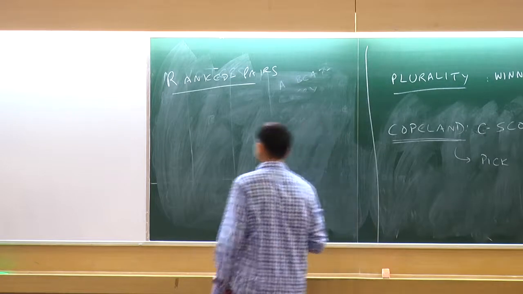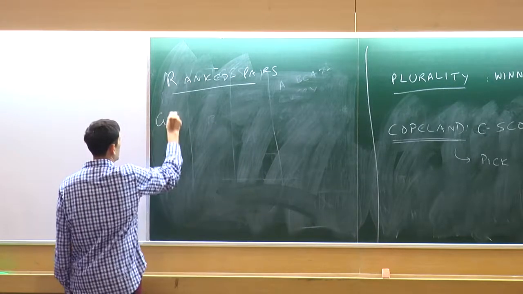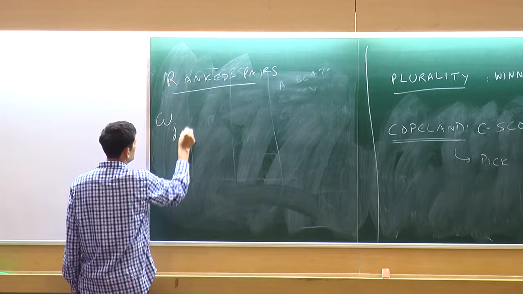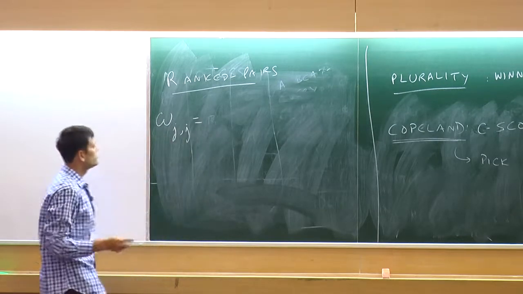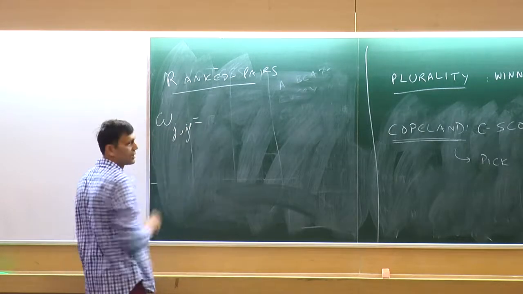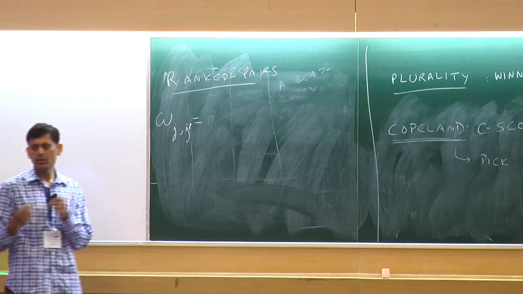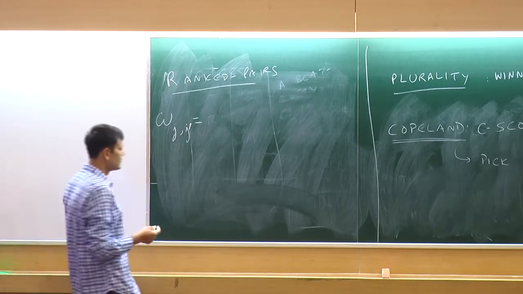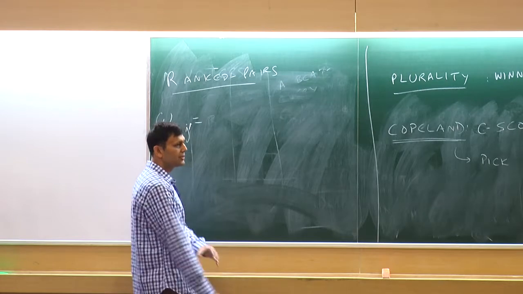And in rank pairs, what happens is that you draw an edge from j to j prime.